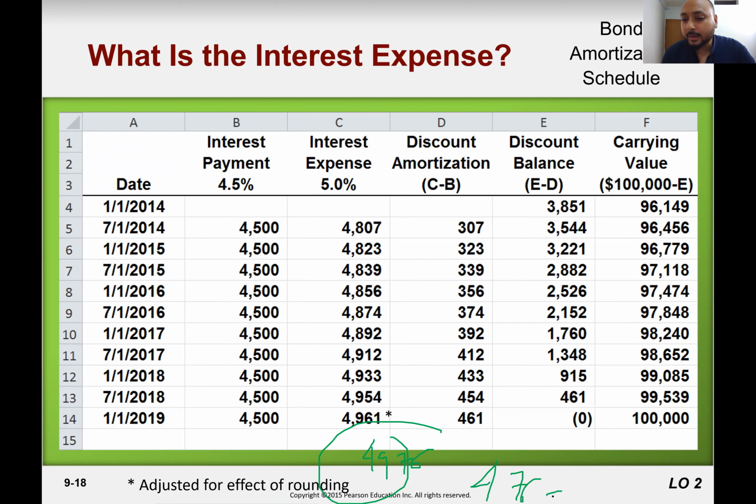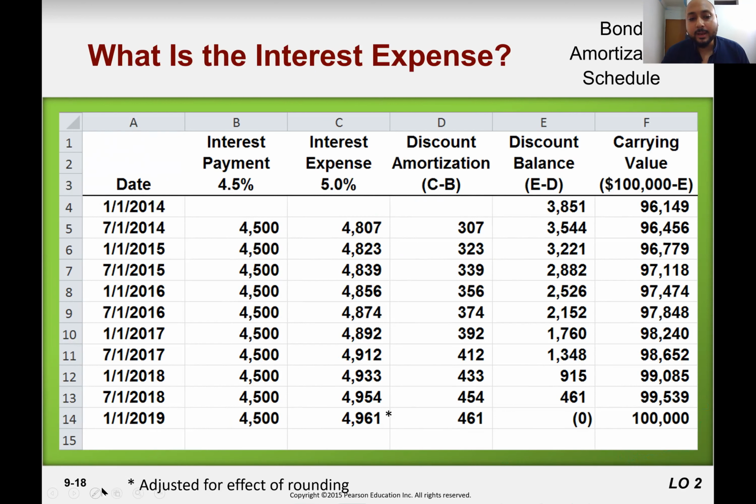You add it to 99,539. It's going to be 100,015. So $15 you just subtract from here. Answer is going to be 4,961. Simple. Rounding effect. Right?